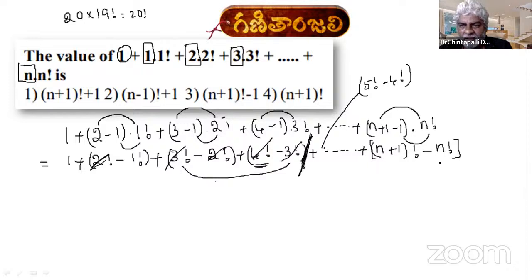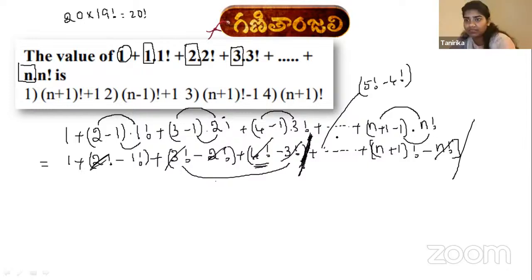Now, what do you say? Minus n factorial cancels or not? Cancels, because previous terms are there. What about n plus 1 factorial? No. Of course, 4 factorial is cancelled with the next term. It does not end here. It continues till n plus 1 factorial minus n factorial, right?